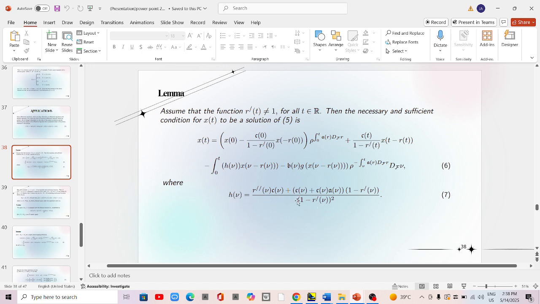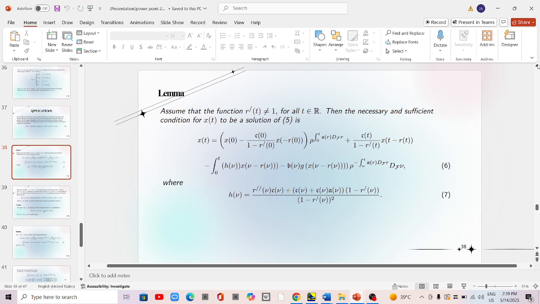What is the physical meaning of this condition? r dash of t is not equal to 1. This ensures that the delay function grows slower or faster than time.